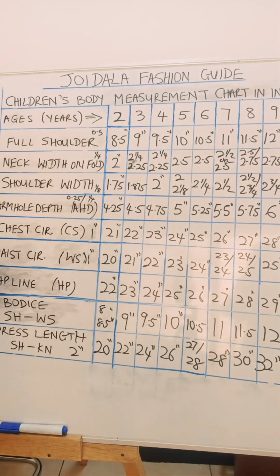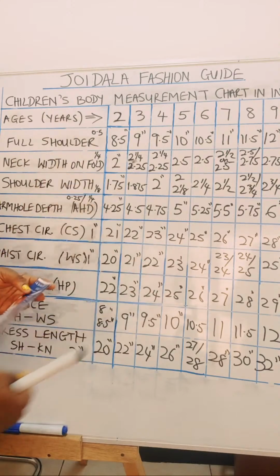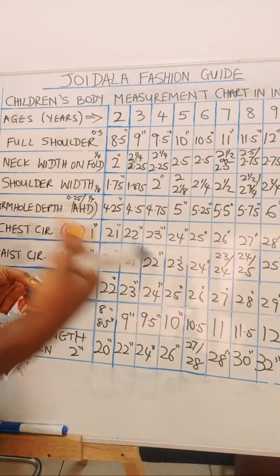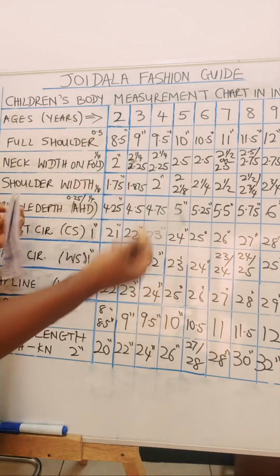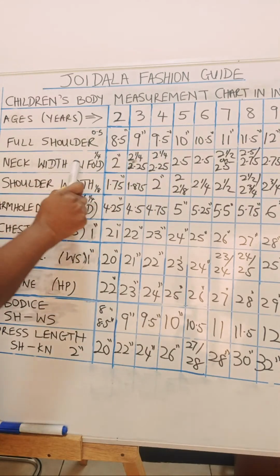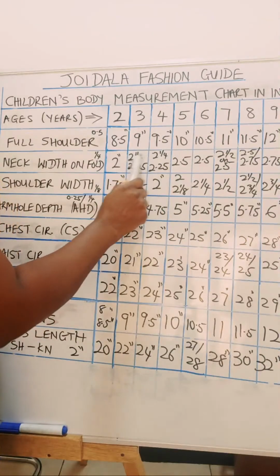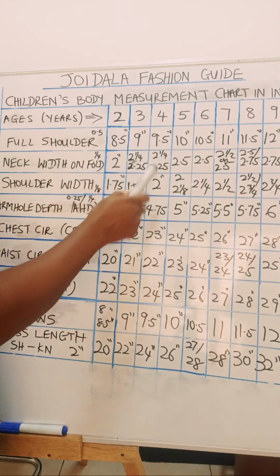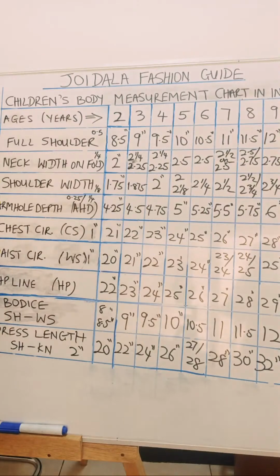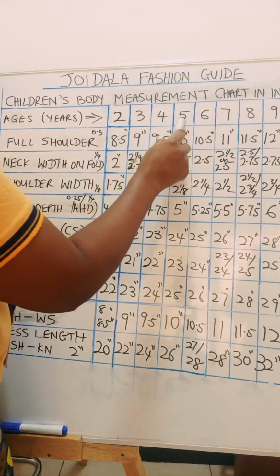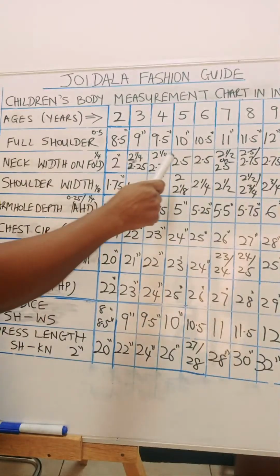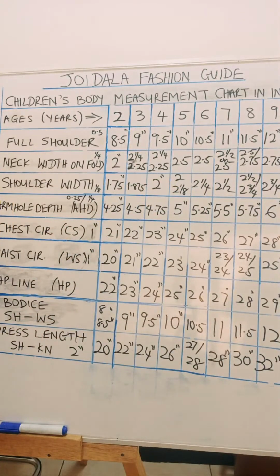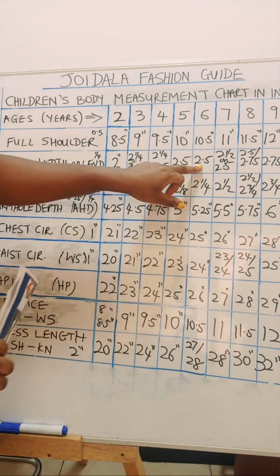Another thing is that the neck width is dependent on the style you are making for the child. So a child of 3 years and a child of 4 years, for example, you can use a neck width of 2 1/4 for them. That is 2.25. And then for a child of 5 to 7 years, you can now use 2.5 inches for their neck width.